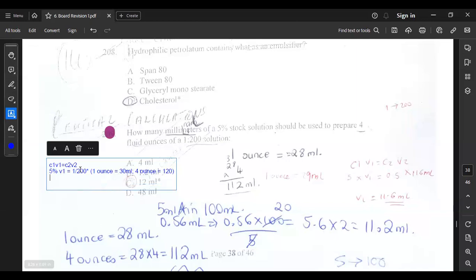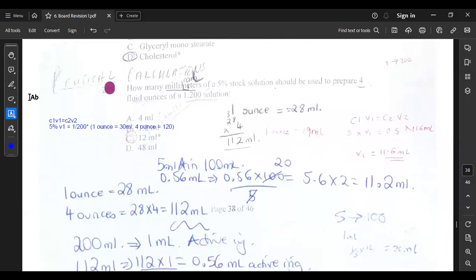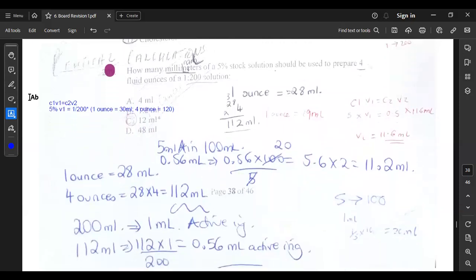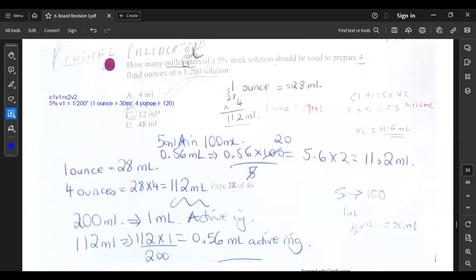So what do you say we do 1 divide by 200 times 120? No, what I did is one gram in 200 ml. Because percentage has to be in 100 ml, you will find what is in 100 ml. So it will be 0.5.